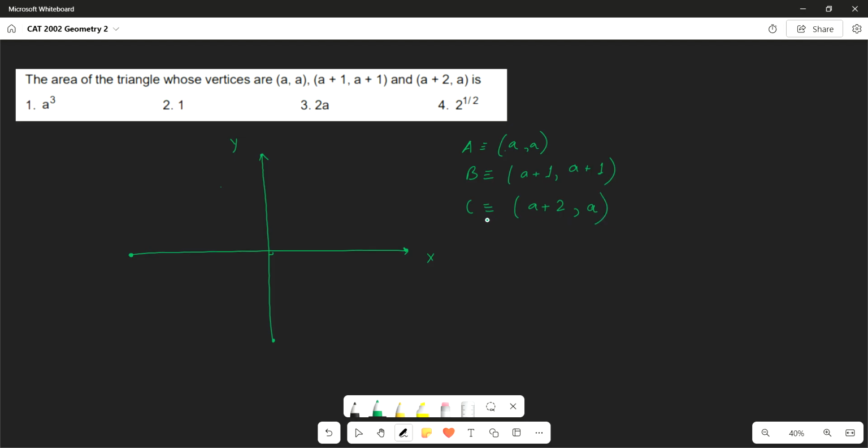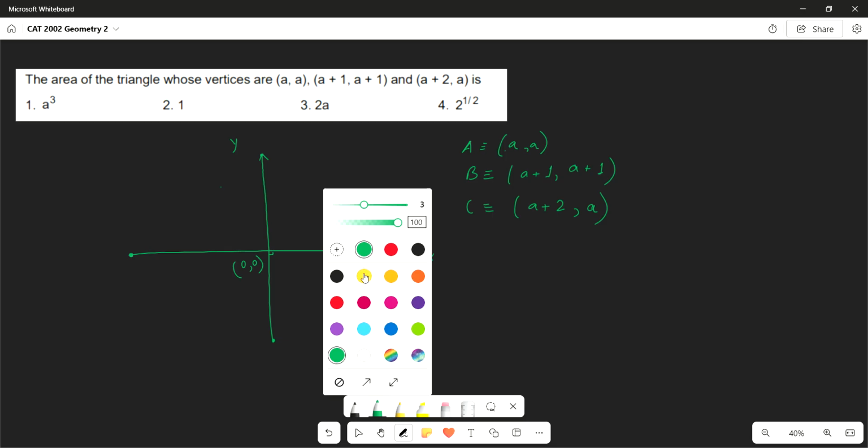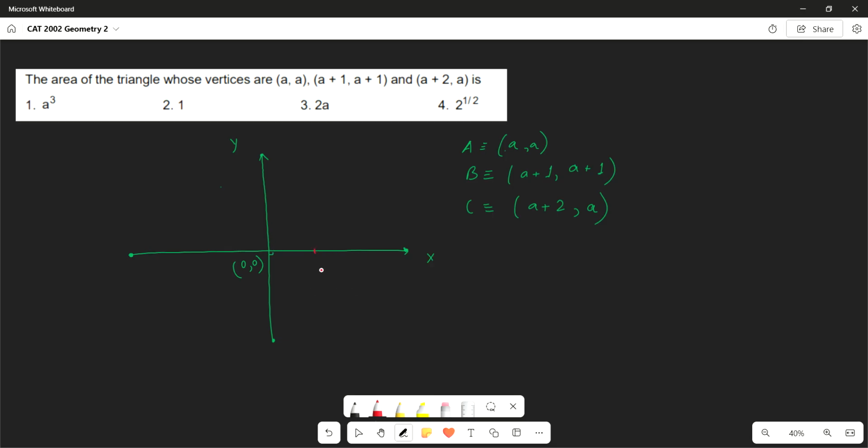It doesn't matter whether a is positive or negative. Suppose this is the origin, (0, 0). Suppose a is positive, and a is here. This is (a, 0), and in the vertical direction, this is (0, a).